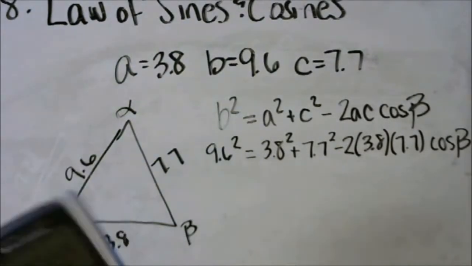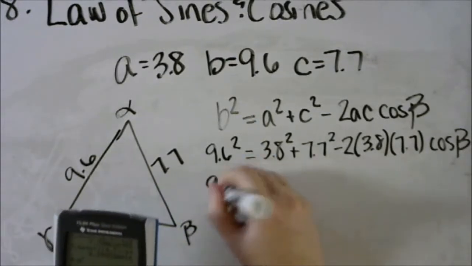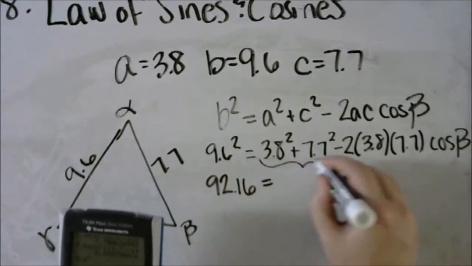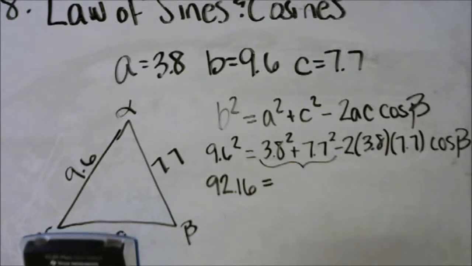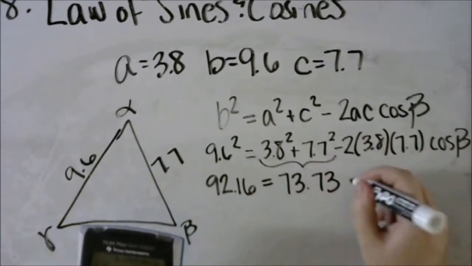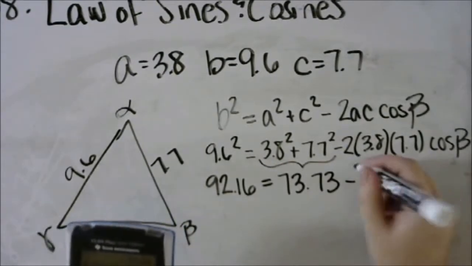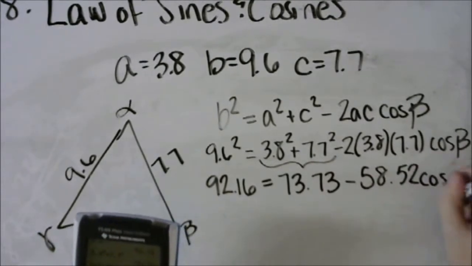I'm going to type into my calculator 9.6 squared, which is 92.16. And then I'm going to type 3.8 squared plus 7.7 squared, which is 73.73, minus 2 times 3.8 times 7.7 cosine beta.